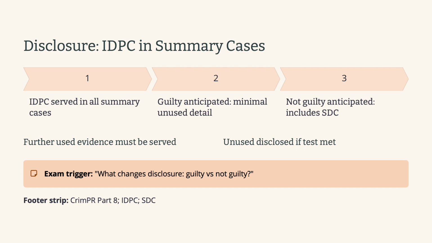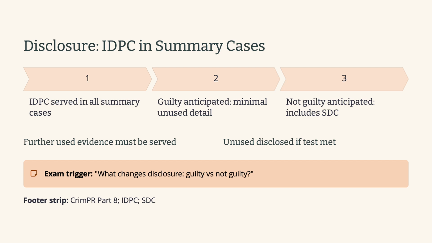If the prosecution expects a guilty plea, IDPC can be minimal, perhaps just the facts and the defendant's previous convictions. There is no need for extensive detail about unused material. If a not guilty plea is anticipated, IDPC must be more comprehensive and should include a summary of the case. This is typically the key evidence: witness statements, the defendant's police interview, and significant exhibits.